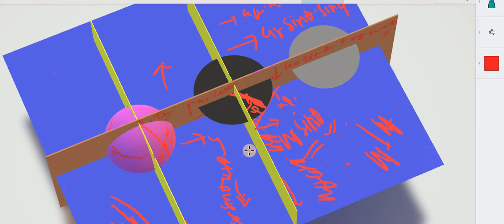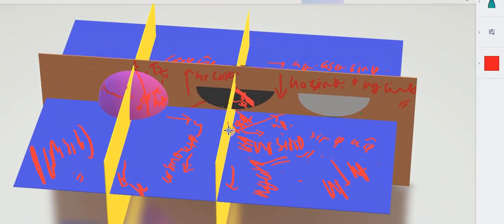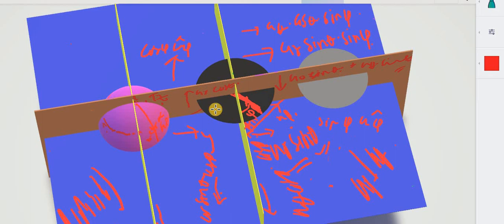So along this, the reverse direction of x, it is sin phi a phi, and this component will be cos phi a phi, but this is the reverse direction of x.